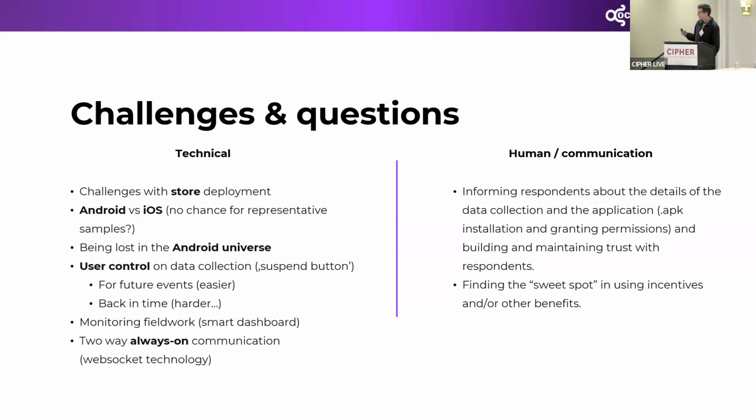Although it's possible, and we see to have an app like this in the App Store, so we are almost done with Google. We have to fulfill a few requirements, but hopefully this will be available in the Google Store. The big question is that on iOS, we will never be able to reproduce the same functionality as in Android, which for me as a sociologist is a big question. So how can we reach any kind of representativeness by this limitation?